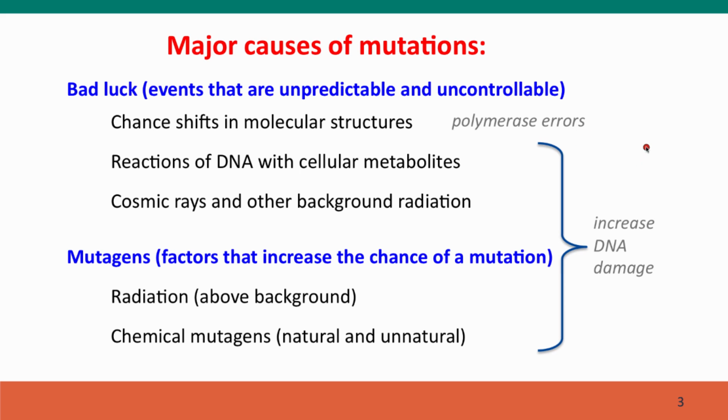All of the other kinds of causes of mutations that I've listed here act by increasing DNA damage. So the chance shifts in molecular structures are largely transient, back and forth. The molecule shifts, then shifts back. All of these other factors cause permanent damage to the DNA, changes to the physical structure of the DNA molecule. And this damage increases the likelihood that a mutation will then occur.